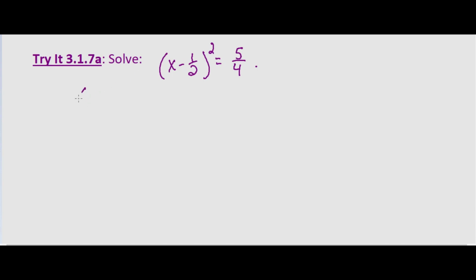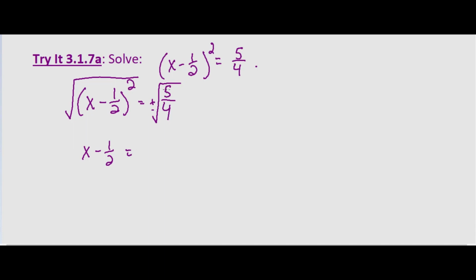So if we have (x minus 1/2) squared equals 5/4, the squared term is already isolated, so we'll just invoke the square root property. So this equals plus or minus the square root of 5/4. Taking the square root of (x minus 1/2) squared, we get x minus 1/2.